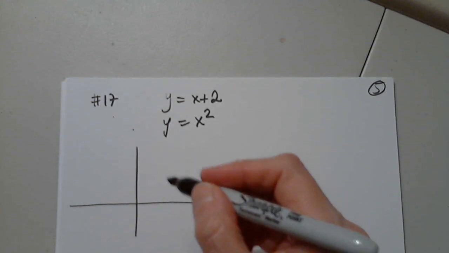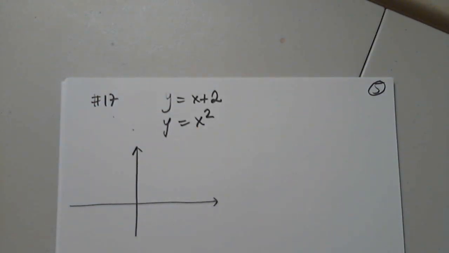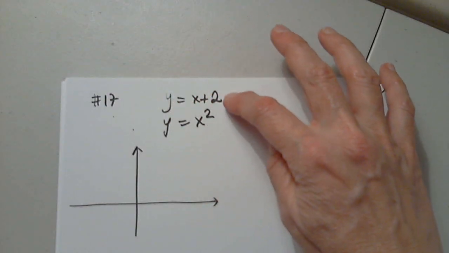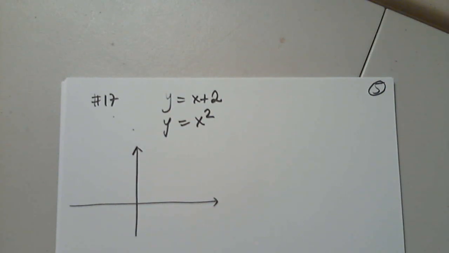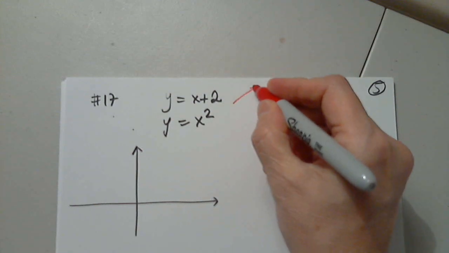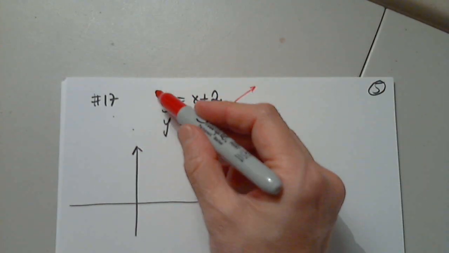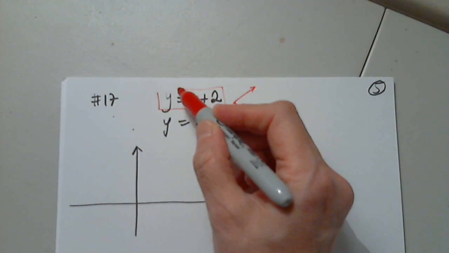So first of all, we have to graph both functions. What type of function is this, and how do I determine the x and y intercepts?